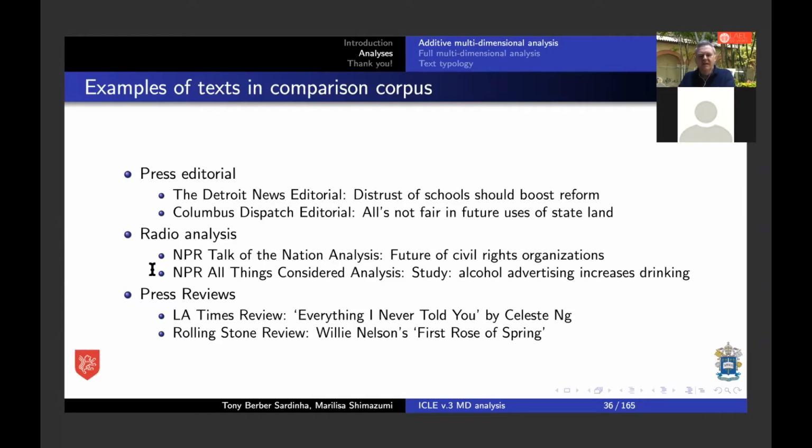So things such as the future of civil rights organizations, also from All Things Considered, study, alcohol advertising increases drinking. So as you can see, some of these titles could have perfectly been ICLE titles. So they're really arguing a point here.